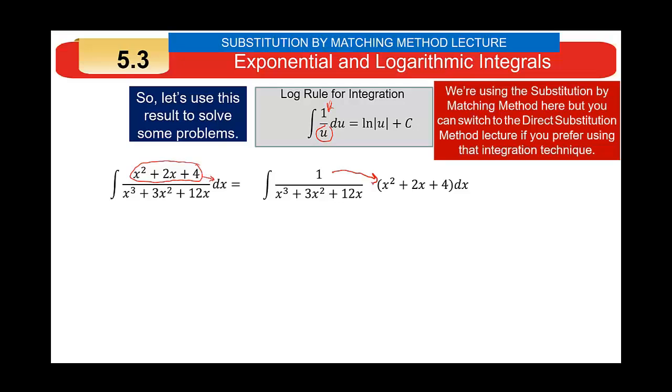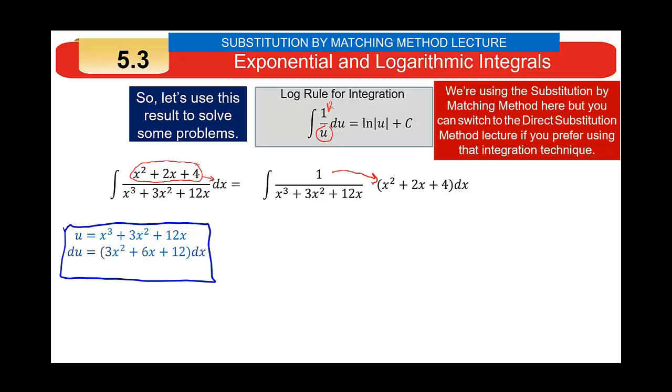So I think I see what's happening, and I can confirm that by doing the differential. If I do, in fact, let u be the denominator, I get u equal x cubed plus 3x squared plus 12x. Then the differential is (3x squared plus 6x plus 12) times dx, and you need the parentheses around that 3x squared plus 6x plus 12.